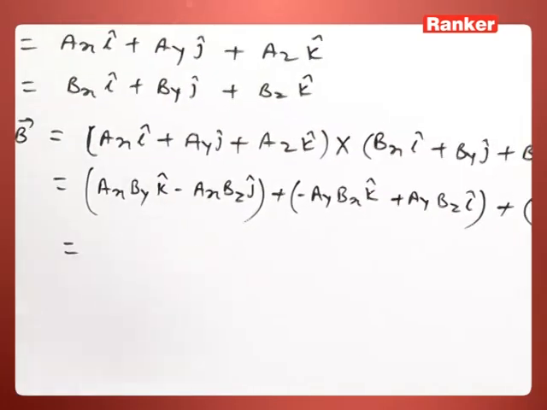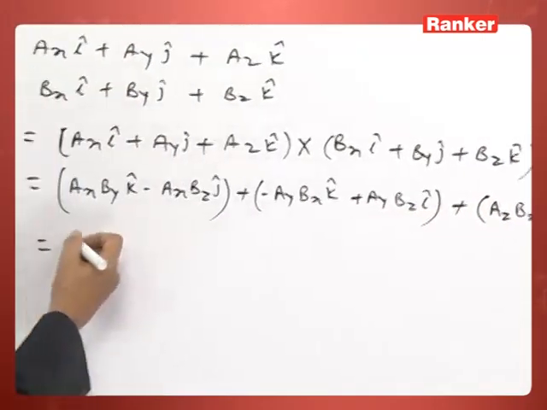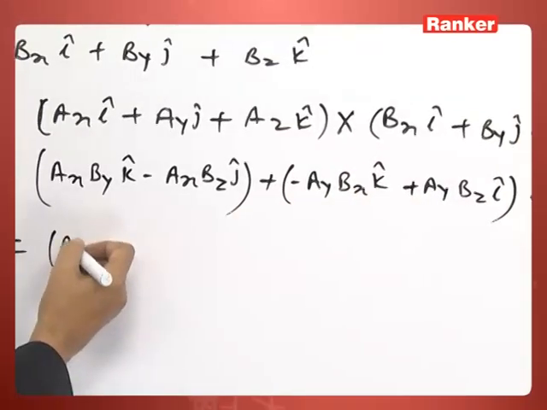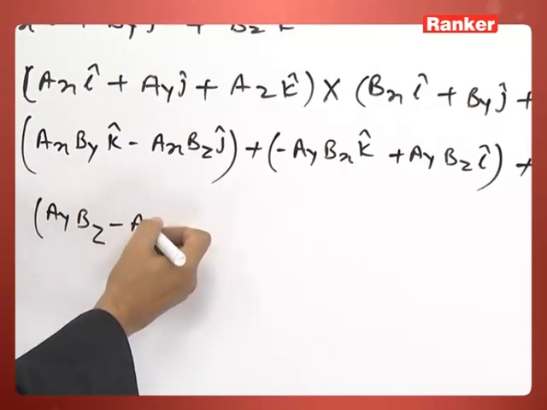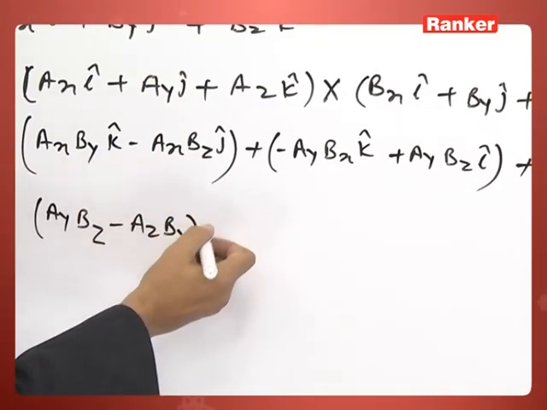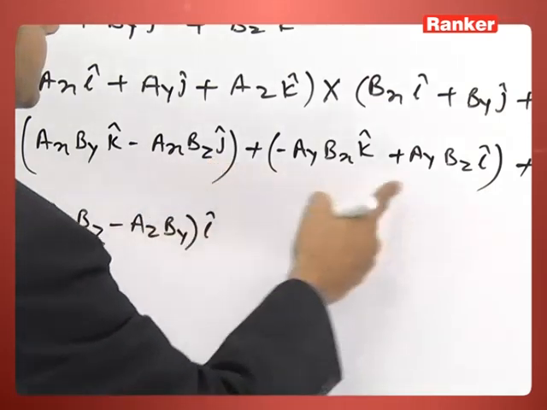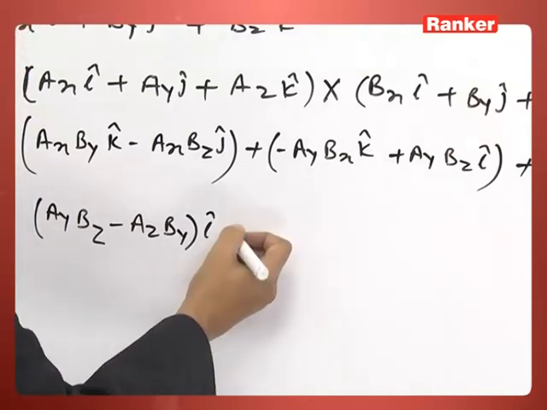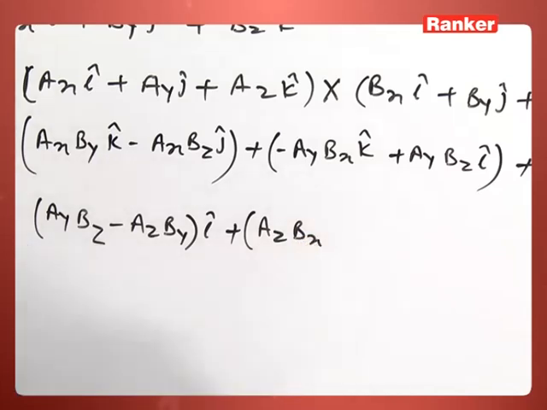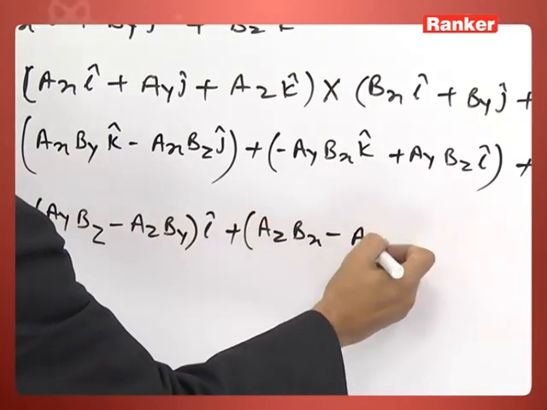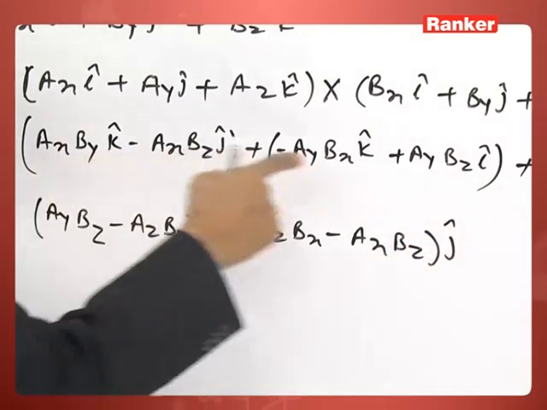Now from here we can take i and i together. Here ay bz minus az by i cap, then j. Here j this, here j this, plus az bx minus ax bz j cap, then k we can take together.